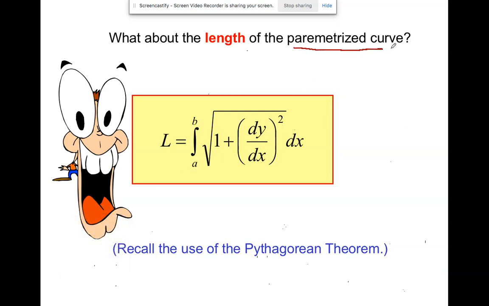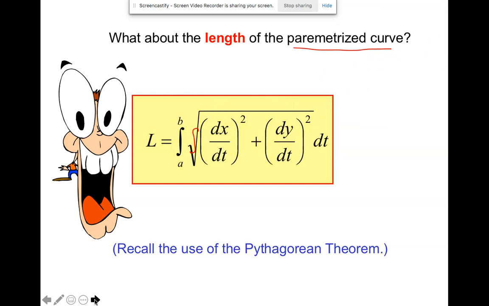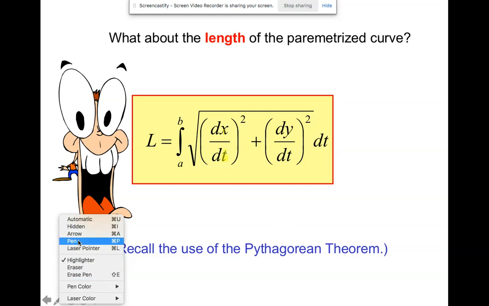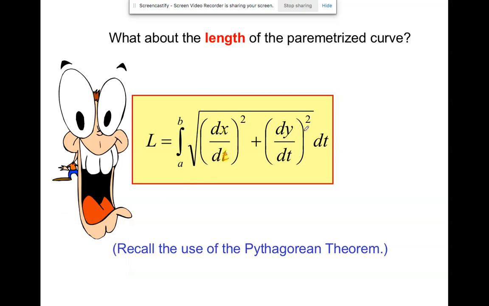Well, for a parametrized curve, you're still going to have an integral. But there's your integral, your length. Instead of having 1 squared, you have the horizontal rate of change with respect to t plus the vertical rate of change with respect to t, and it's just Pythagoras.